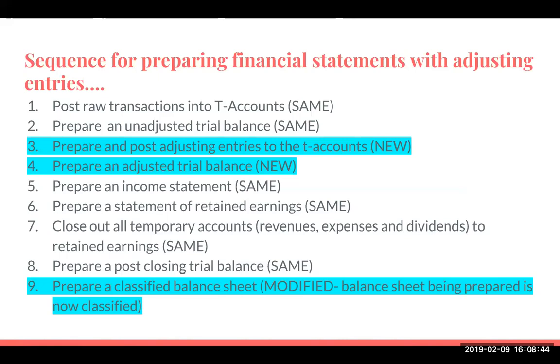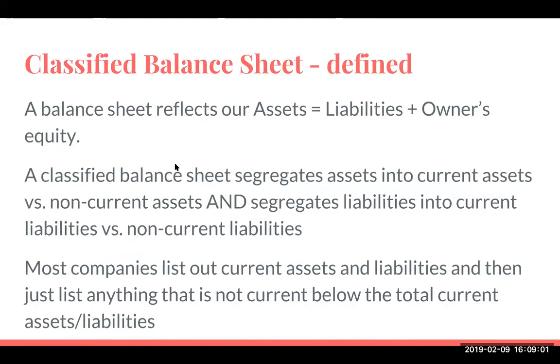Lastly, I'm going to be preparing a balance sheet. But this time I'm going to do a classified balance sheet. Does that mean classified Edward Snowden? Does that mean classified top secret? Now, what it means is that when I'm looking at a balance sheet, remember the balance sheet is really the cornerstone. It's the A = L + OE.